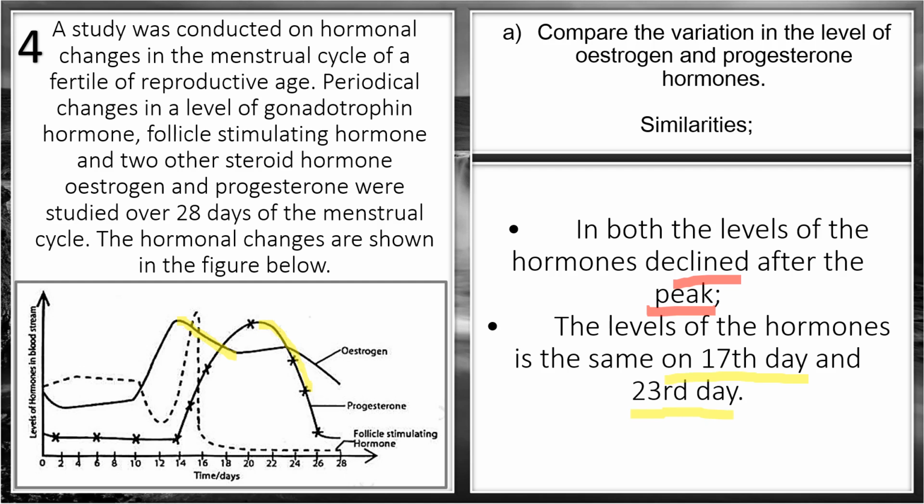So here on the 17th day, they have the same concentration, and then also on the 23rd, they are also the same. They have the same levels of those hormones.